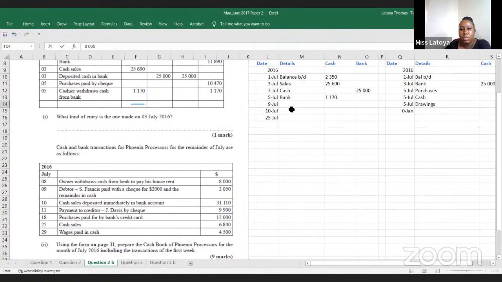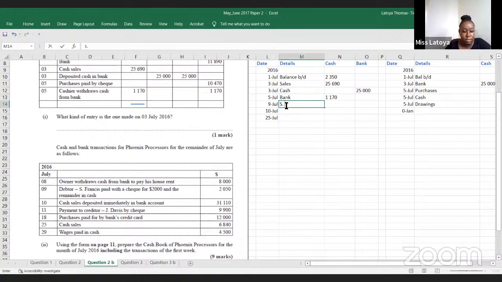Next transaction on the 9th, debtor S. Francis paid with a check for 2,000 and the remainder in cash. So 2,050. So he paid, let's put his name here on the 9th, S. Francis.